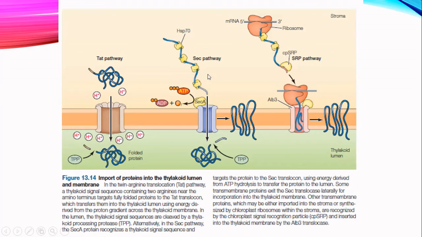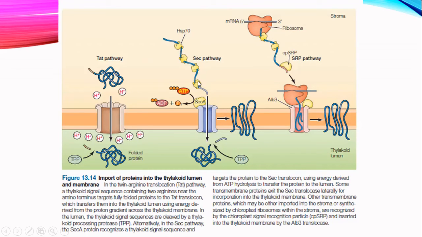Now, another path, the SEC pathway. What is the SEC pathway? This is another pathway. SecA is a protein that recognizes the thylakoid signal sequence and targets the protein to the SEC translocon. So we need the SEC translocon. This is HSP70, using energy derived from ATP hydrolysis to transfer the protein to the lumen.